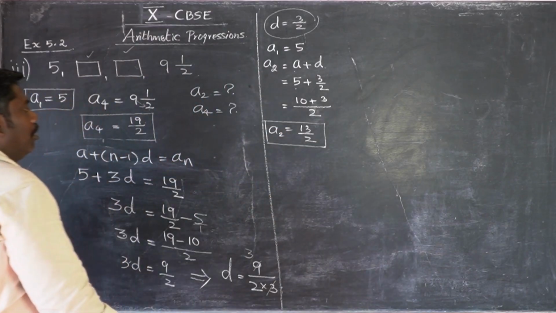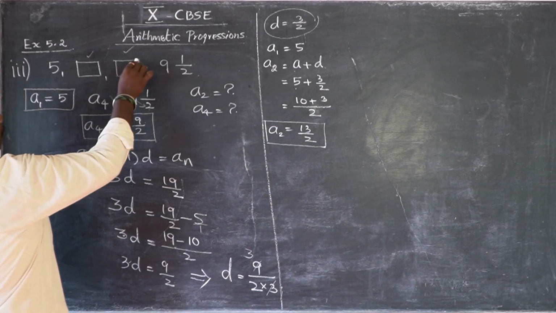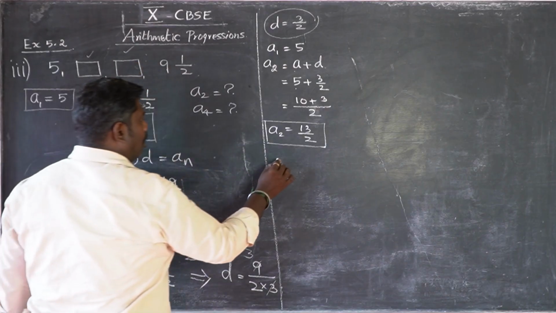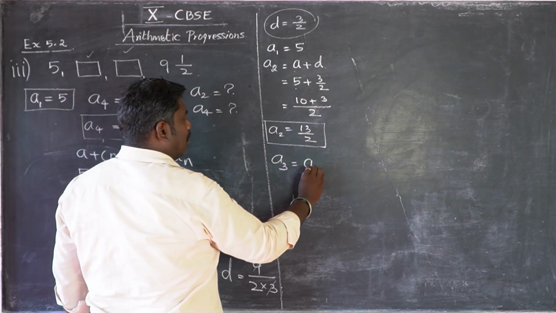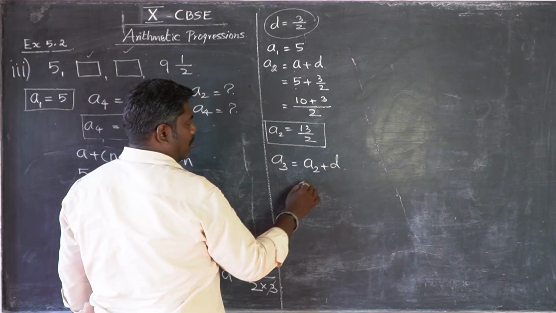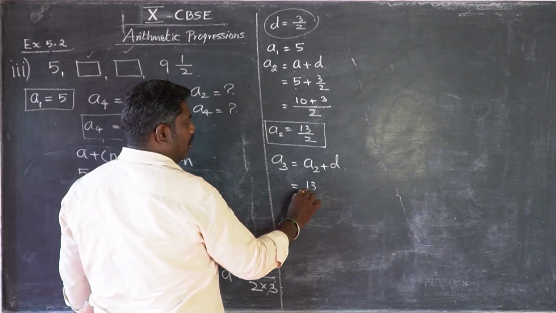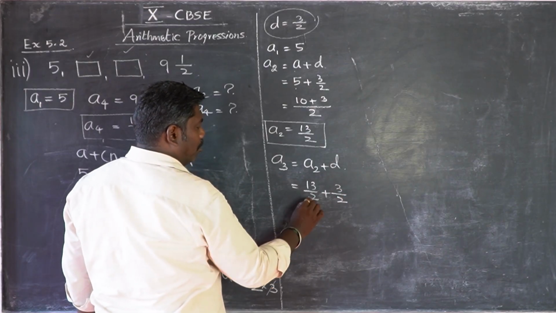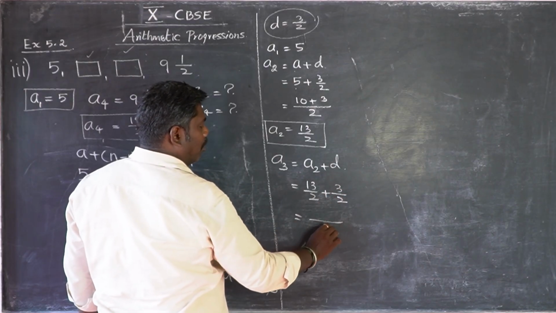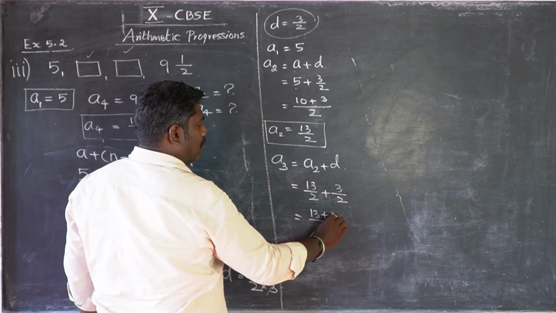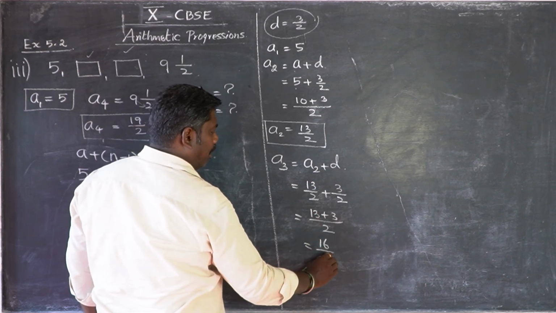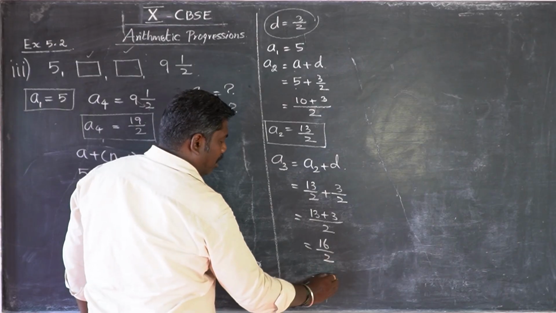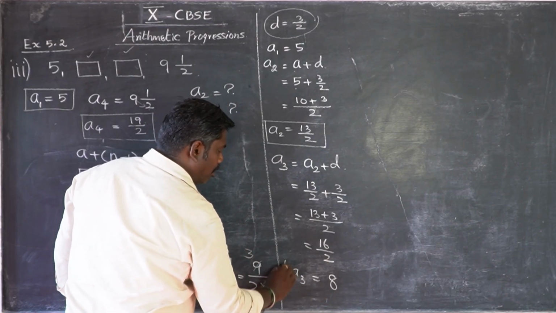Okay. And then we are going to find the third term. So third term means second term plus common difference. Second term is 13 by 2, common difference is 3 by 2. So both the denominators are equal. So 13 plus 3 becomes 16 by 2, or we can write as 8. This is the third term.